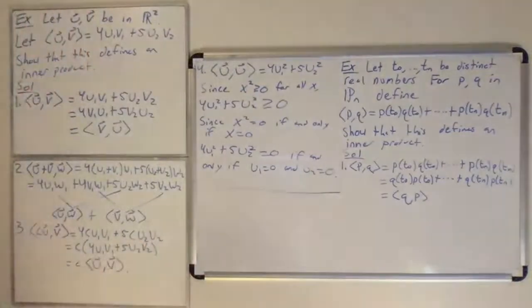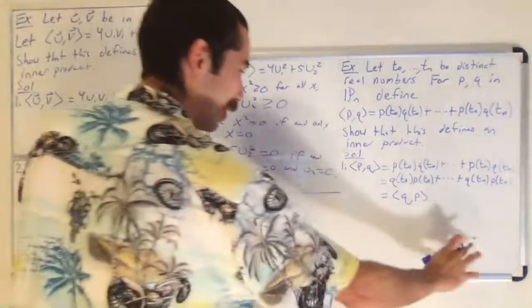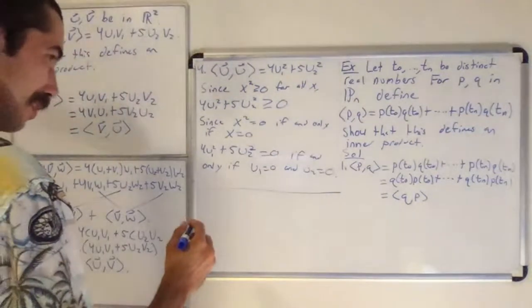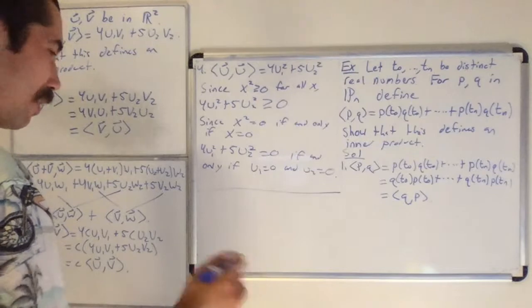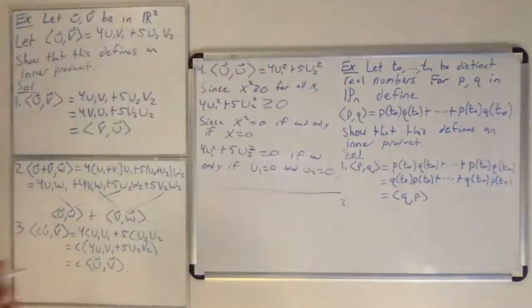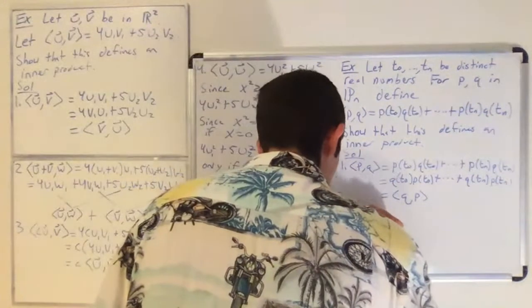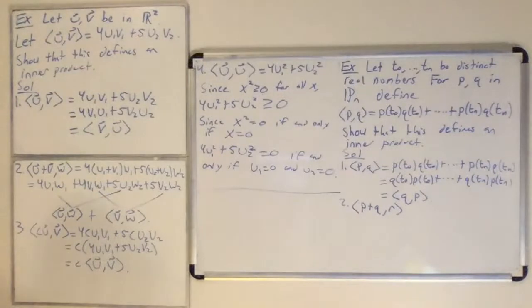Might need a little bit more space for condition 2, so I'll use the whole board down here. All right, well, maybe not. For 2, we want to show that if we take the inner product of P plus Q with R. Pick whatever letter you like.